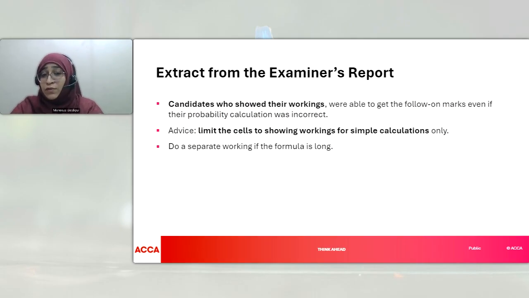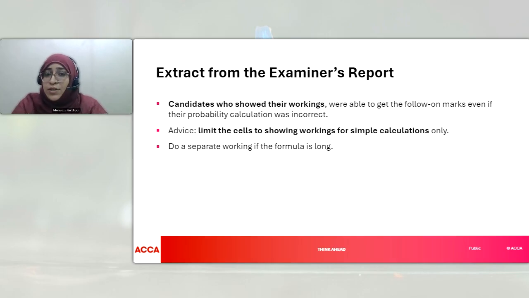And this is the feedback from the examination team: when you show your workings, even if you've gotten some part of it wrong, you could still get the mark if the marker feels that you are applying the correct methodology. So again, if you haven't shown the working, you're not giving them any margin to give you these kinds of marks in spite of any errors made.